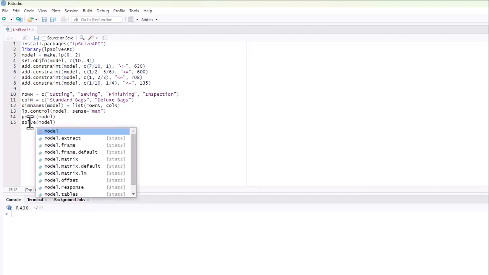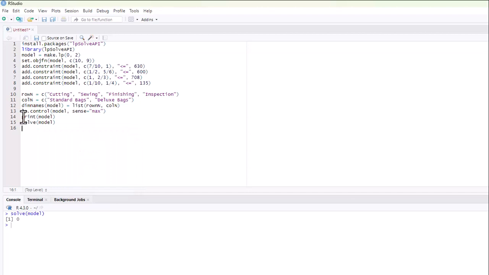You have to solve the model first, and it should come zero here. Basically, this zero just indicates that our optimal solution is right, and it can match the same solution we got in Excel. So zero is a good sign for this lpSolve package.